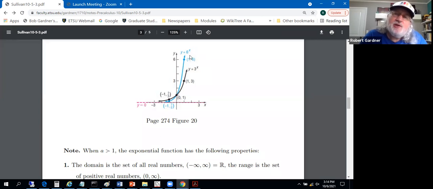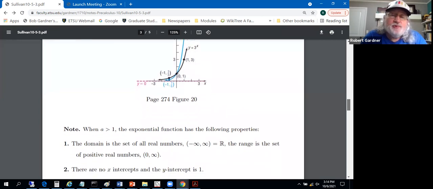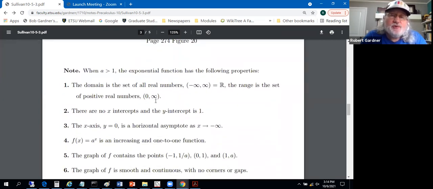Just as these things get huge and positive on the right, they get tiny and positive on the left. They never take on the value 0, but any value greater than 0, eventually moving to the left, these curves will take on those values. So the range is all y values strictly greater than 0. The range is all positive real numbers. In interval notation, the interval 0 to infinity.